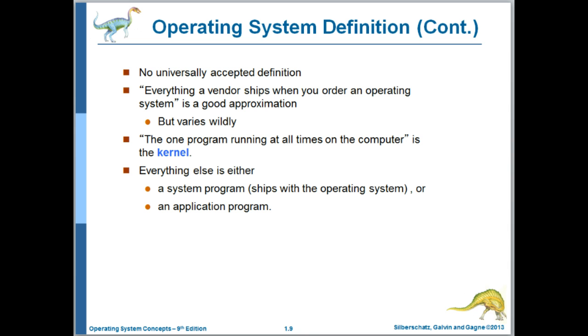The one thing I want to focus upon in this slide is that third bullet. The one program running at all times in the computer is the kernel. I think it's debatable about whether the kernel itself is a running program. The way I look at the kernel is it's similar to a library, right?